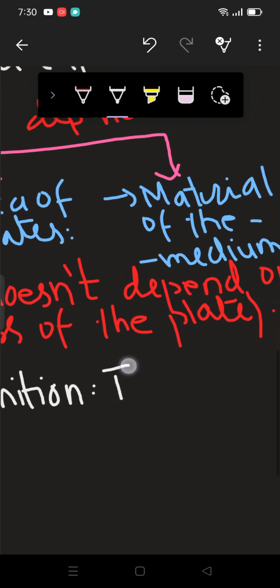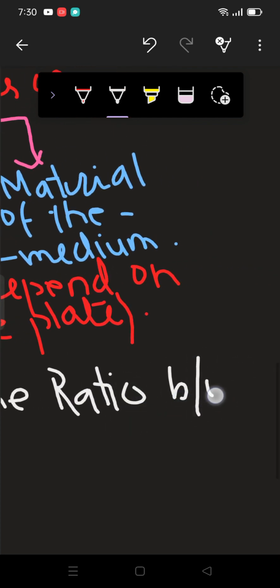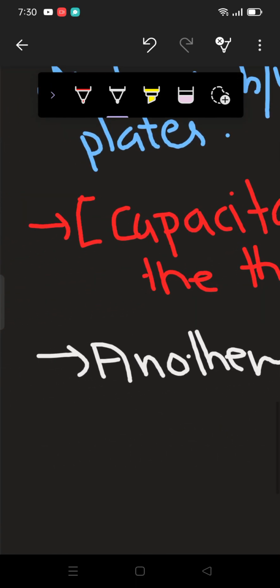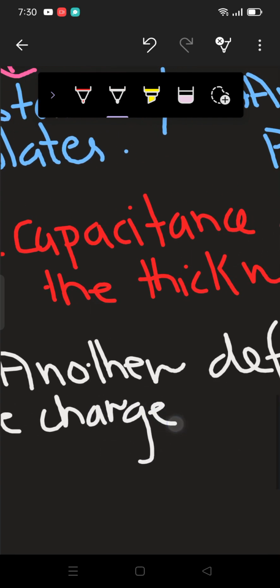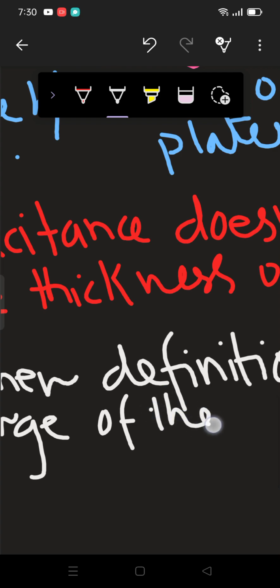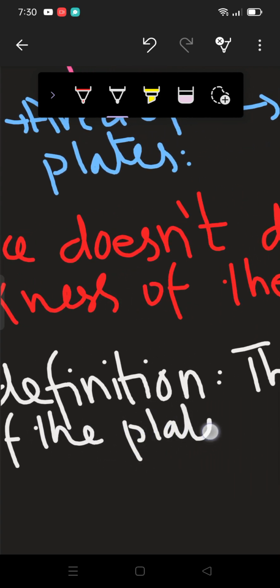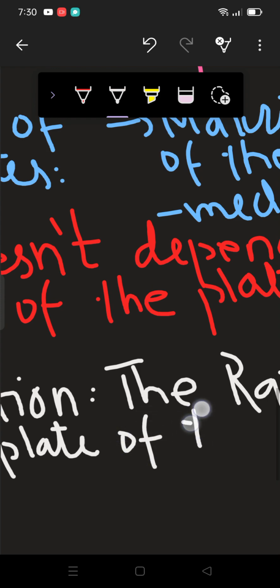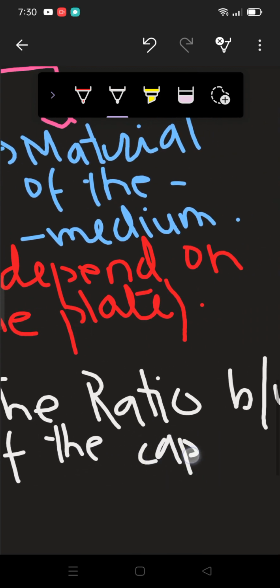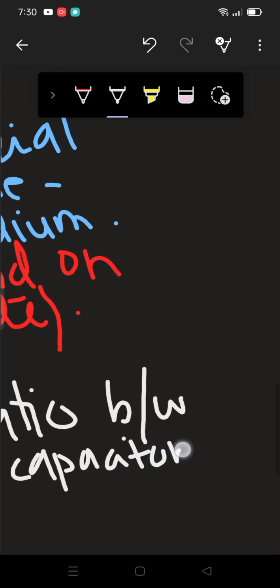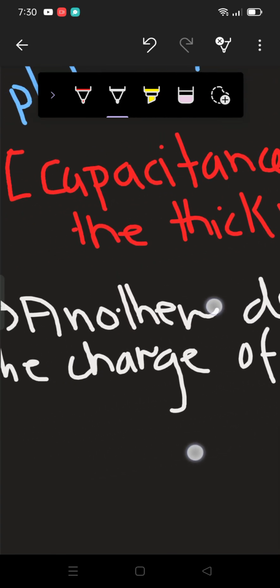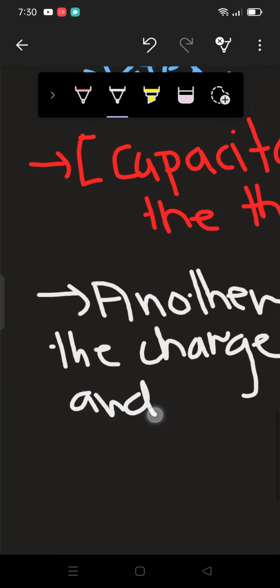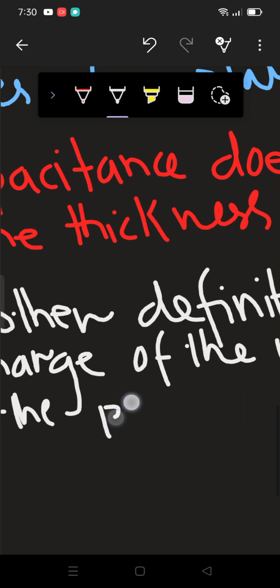This capacitance is basically the ratio between the charge of the plate of the capacitor and the potential difference across the conductor, right?